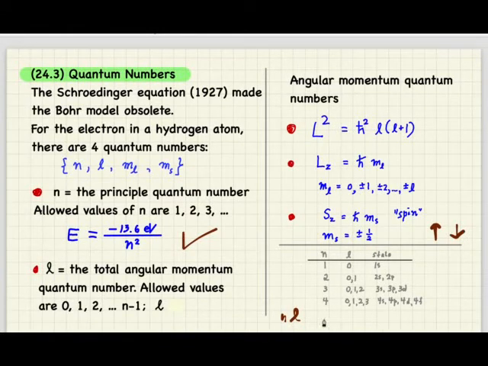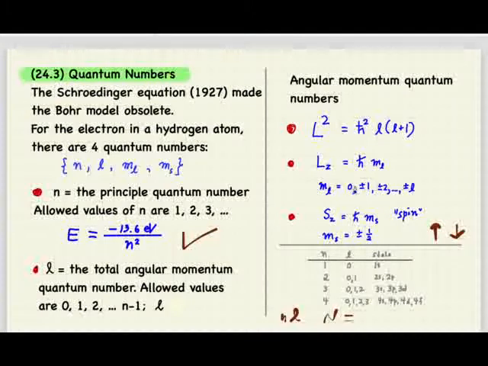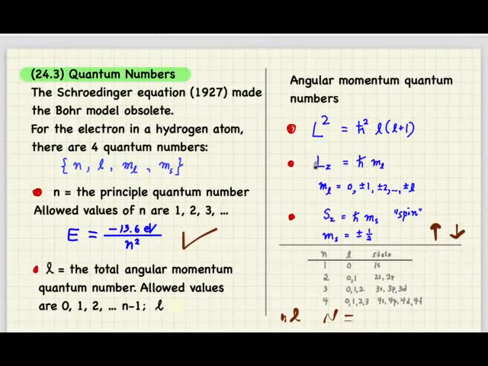Well, the number of distinct states with these two quantum numbers is 2L plus 1 from the different values of M sub L, times 2, because there are 2 possible spin states.